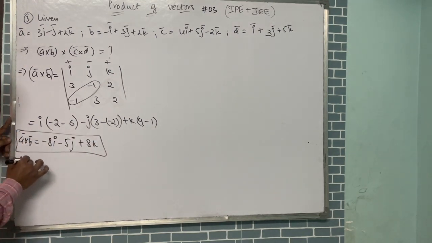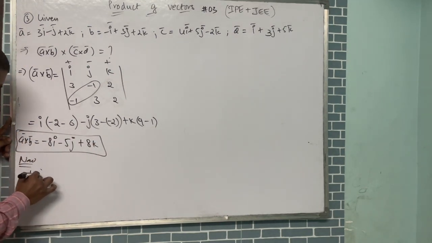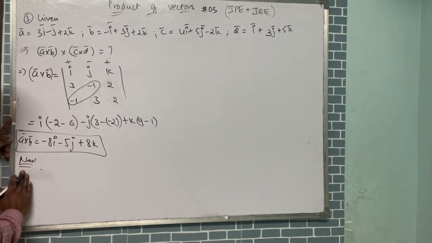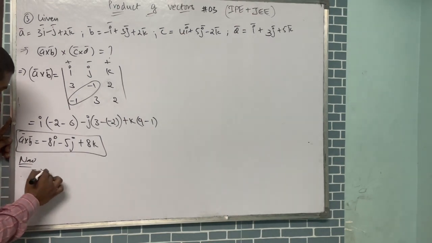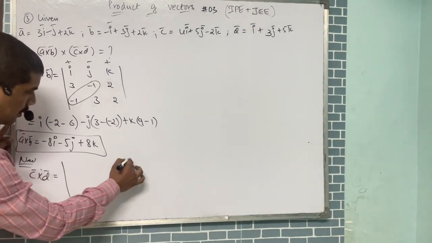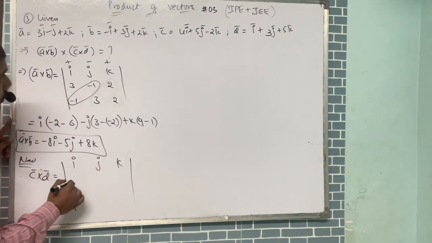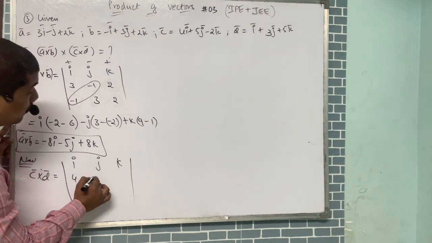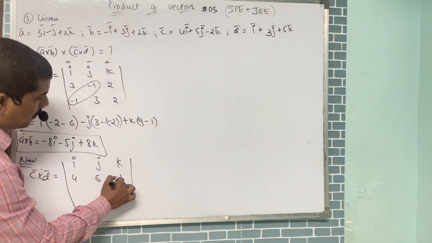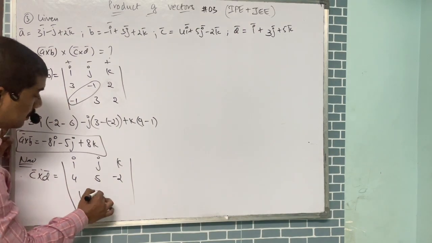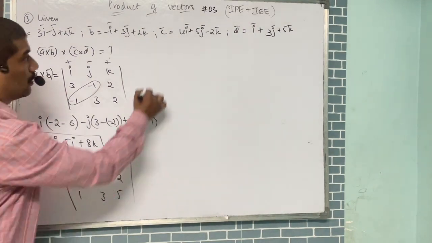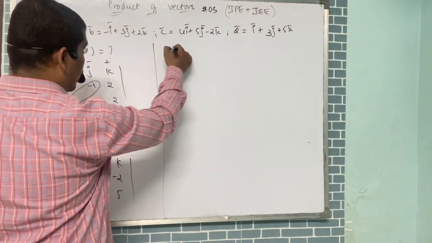Now we will find out C cross D. Getting idea, everyone? Again I write I, J, K. C is I component 4, 5, minus 2. D is 1, 3, 5. So we'll solve it here.